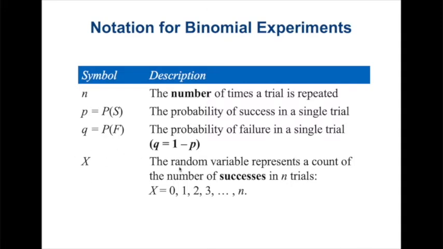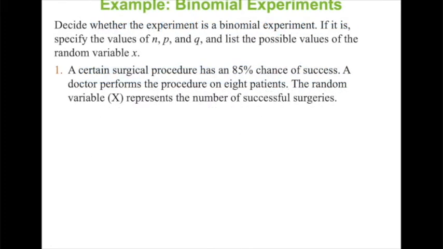Uppercase X, of course, is the random variable that represents a count of the number of successes in n trials. So it can be 0, 1, 2, 3, etc. until n. Okay, now let's take a look at some examples.